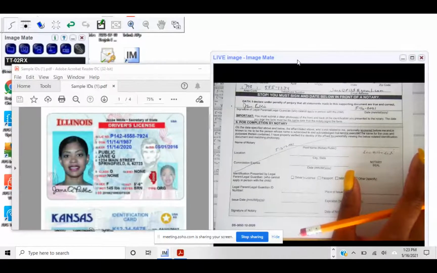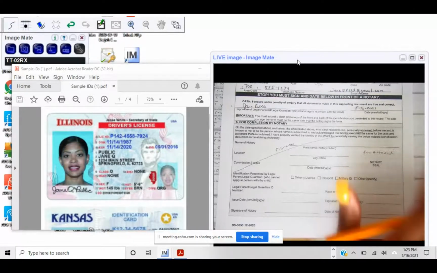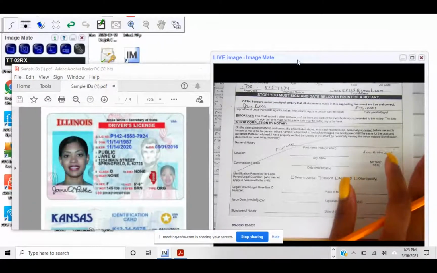So I said, no, unfortunately, I won't be able to do that. I would need both of you present so that she could present her own ID, and that way I can notarize for you both. With you being in different states, that's perfect for online notary. I would just need both of you to be available to be a part of the session. And so he said, okay, well, thank you, never mind. I said, okay.